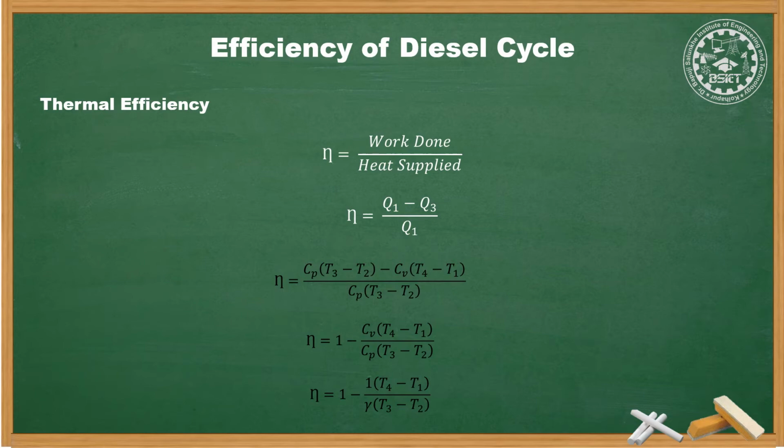Therefore, the efficiency equation for the diesel cycle stands as 1 minus 1 upon gamma into (T4 minus T1) upon (T3 minus T2). This is the equation that needs to be noted down for the efficiency of the diesel cycle. Now we have to find the air standard efficiency of the diesel cycle.